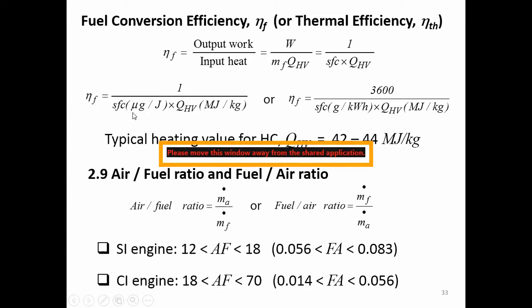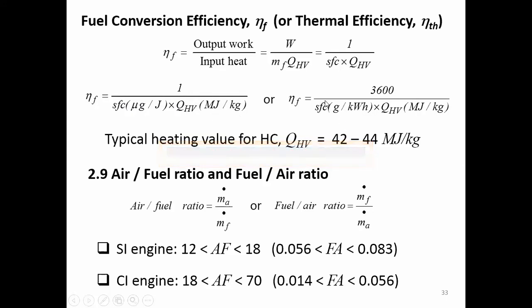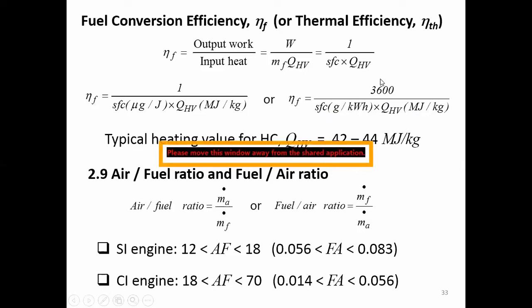If our SFC is in microgram per joule, our heating value has to be in megajoule per kilogram. And if we use SFC in terms of gram per kilowatt hour, our heating value is still megajoule per kilogram, but we have to multiply it by 3,600.